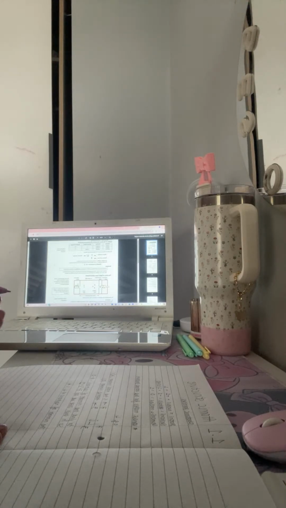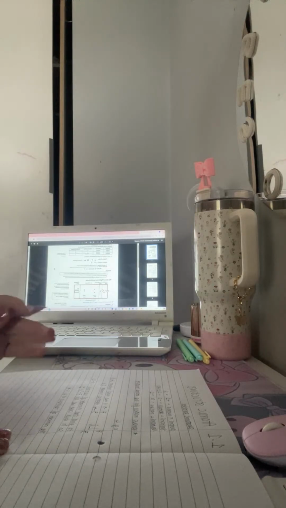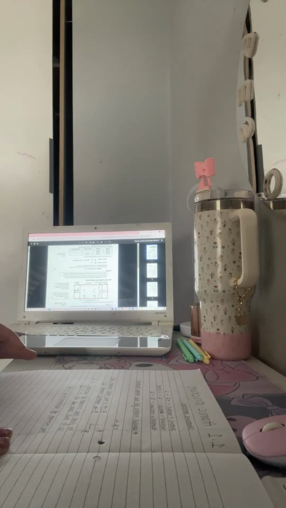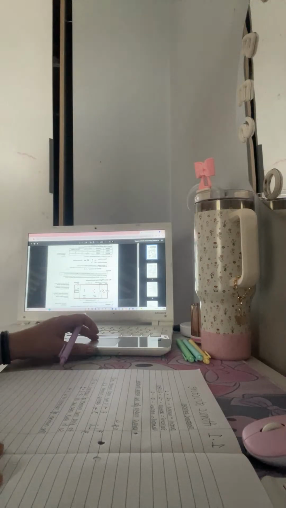We do the bigger number minus the smaller number. So in the case of lithium, we do 7 minus 3, because 7 is the mass number and 3 is the atomic number. So to find the neutrons, we do 7 minus 3, which is going to be 4. So in this case, lithium has 4 neutrons.